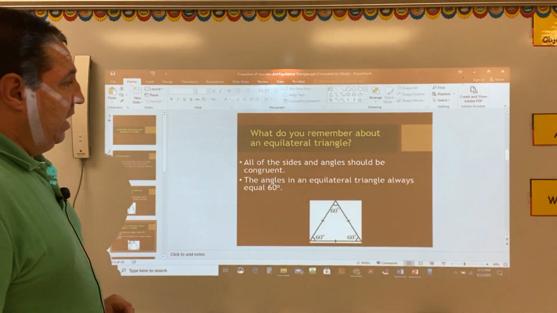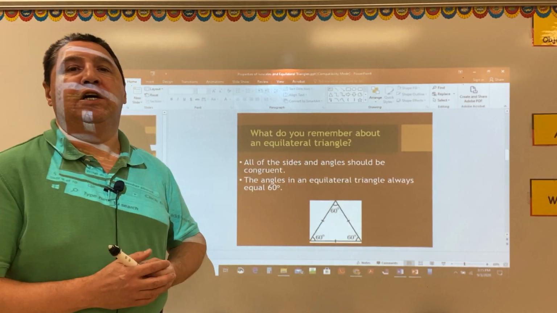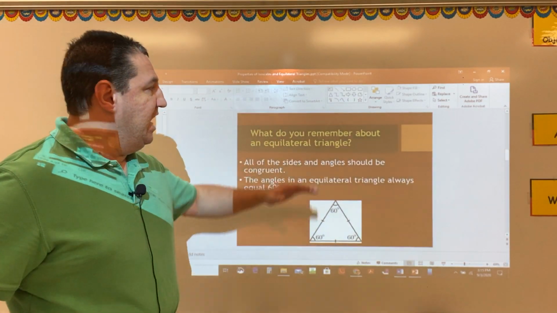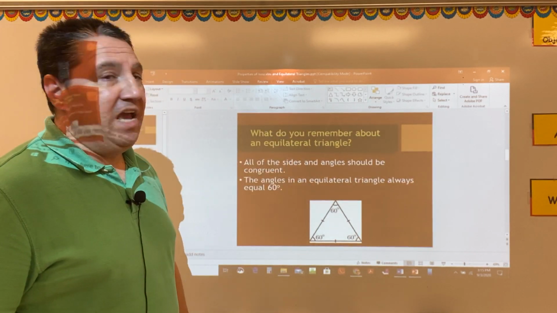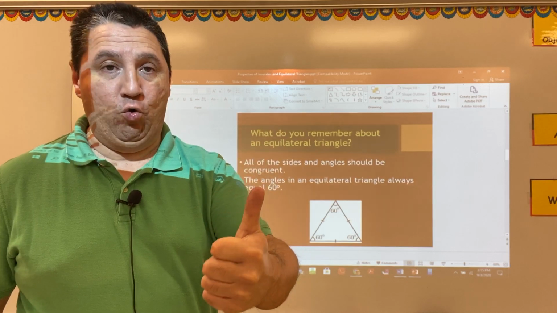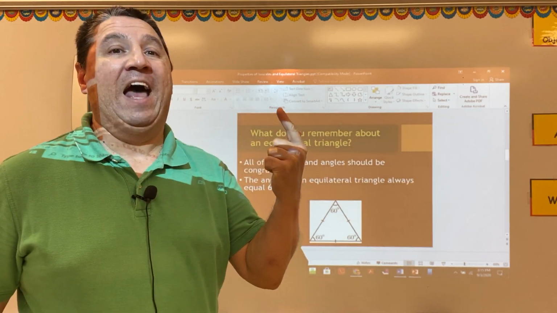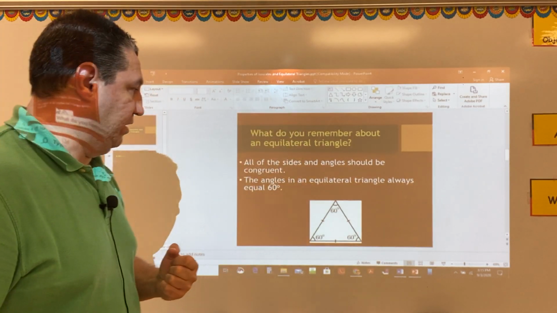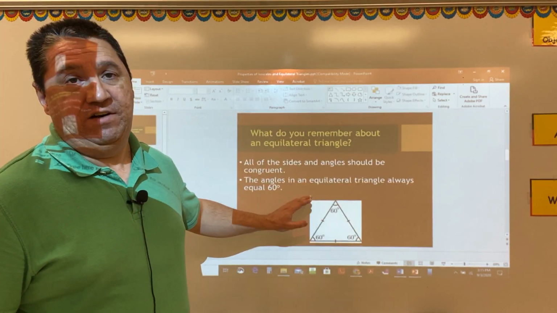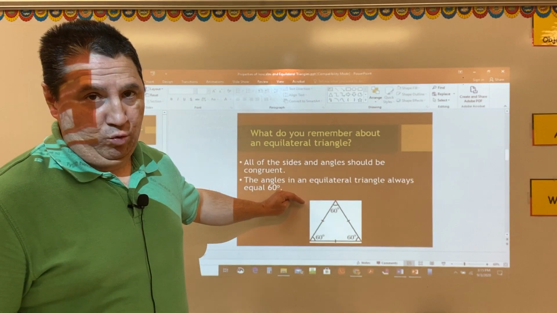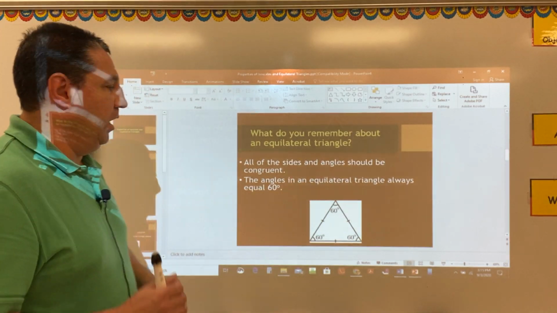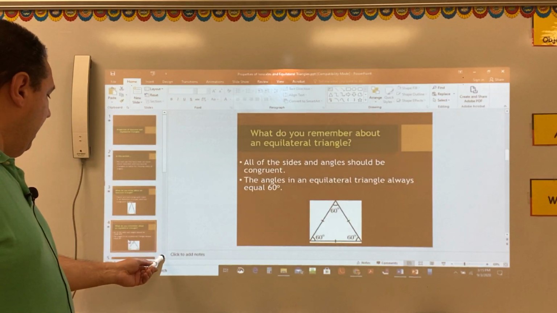Next, what we remember about equilateral triangle. An equilateral triangle is a triangle with all angles congruent and all sides congruent. And each angle of an equilateral triangle equals 60 degrees. Good.